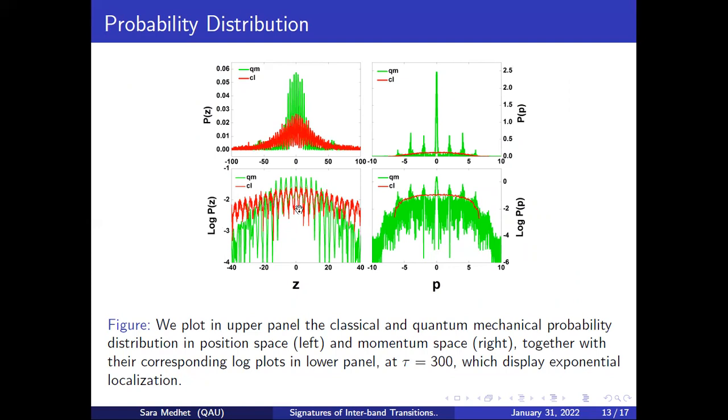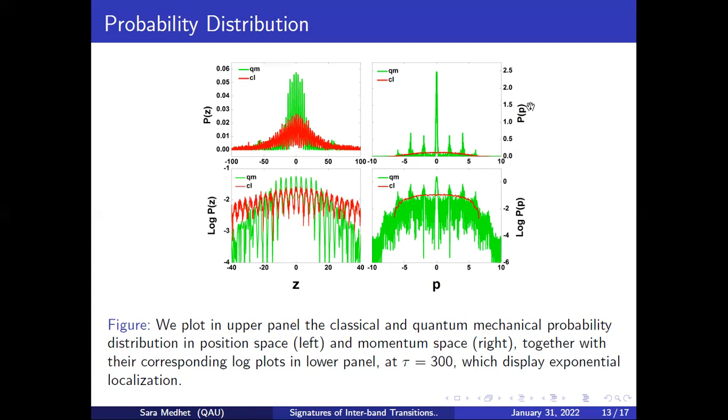Here you can see that classically it's linear on both sides and symmetric, while quantum mechanically, that's the green line, you can see that it has an exponential drop. This exponential drop shows the existence of dynamical localization, that it is maximally localized to the first few lattice sites. And after that, you can see an exponential drop over here and here.